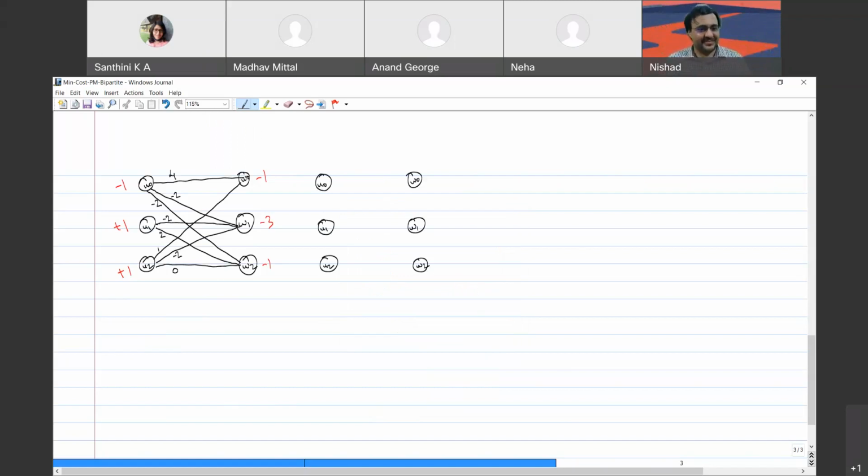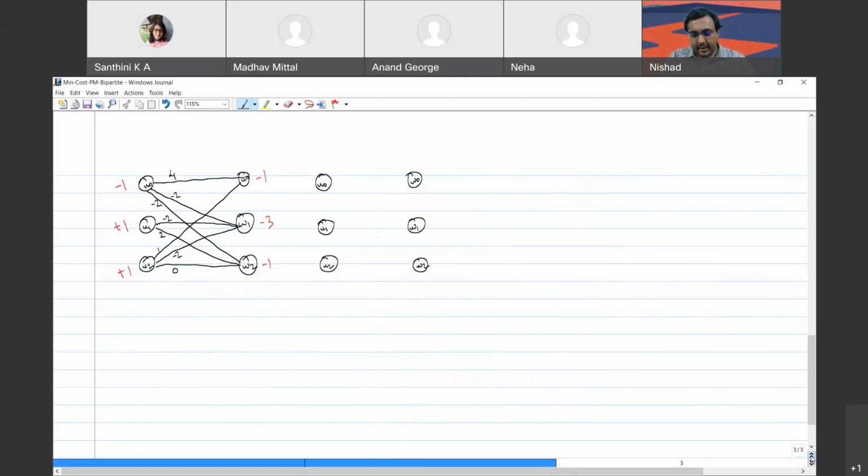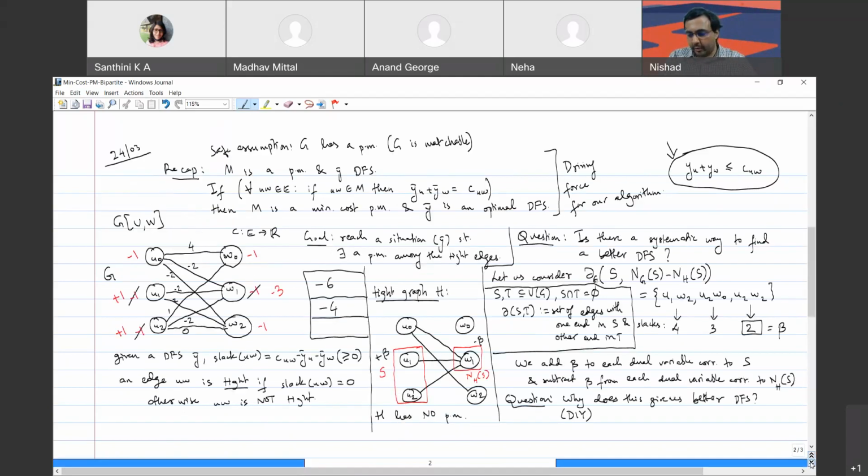Is that true? So there are certain edges which we know for sure they are tight. Let's just take a look. So these edges, which have one end in S and the other end in the neighborhood of S in H, we have just increased beta and subtracted beta. So they are going to be tight. Okay. So let me draw those too. So it's U1, U2, both connecting to W1.